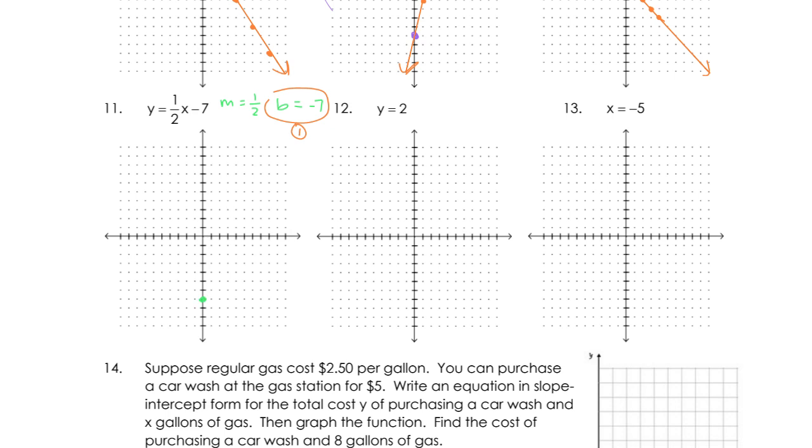And then counting our slope of 1/2, again, the 1 would be our rise, the 2 would be our run. So we're going to rise 1, run 2, rise 1, run 2, rise 1, run 2. And again, these are both positive numbers, so I'm going up and to the right because that would be the positive direction for each of those words there.